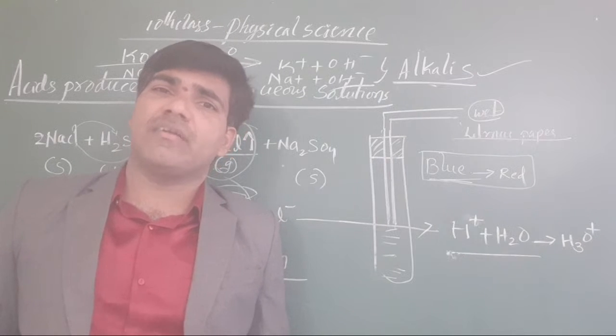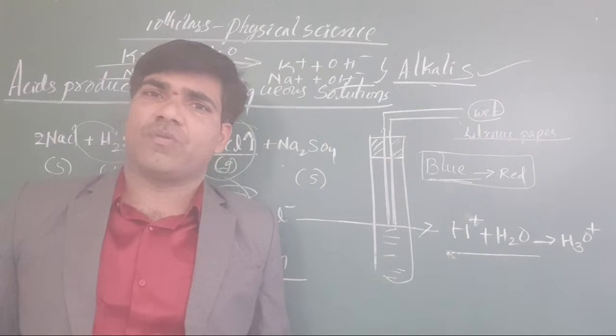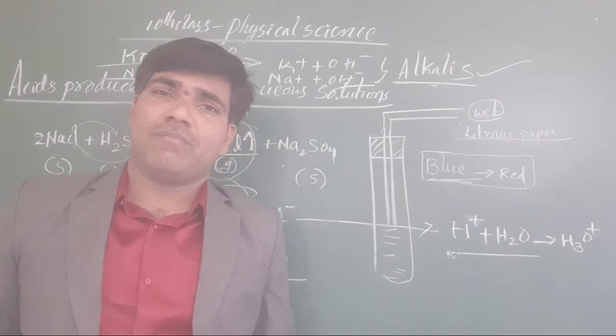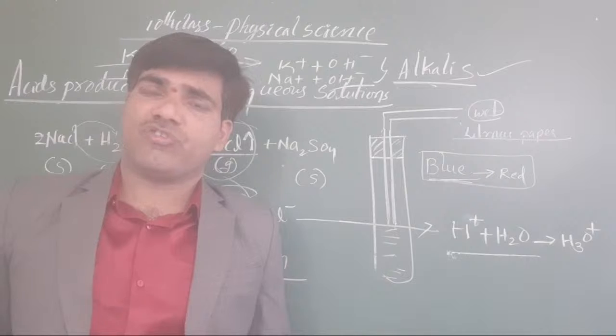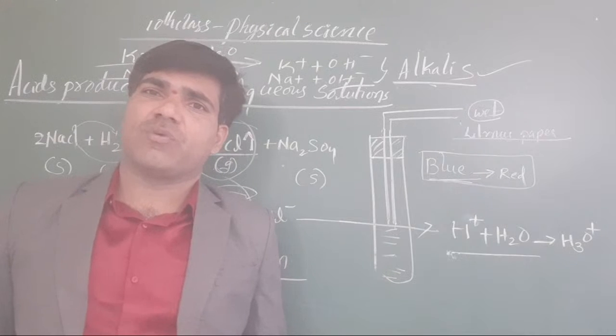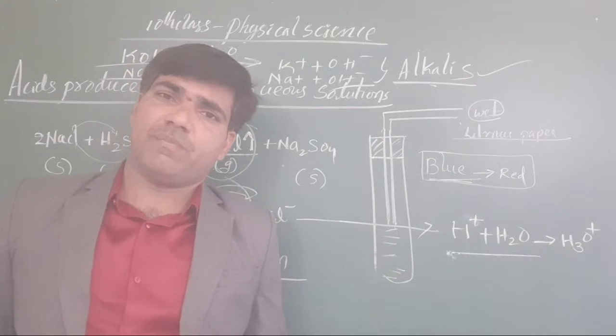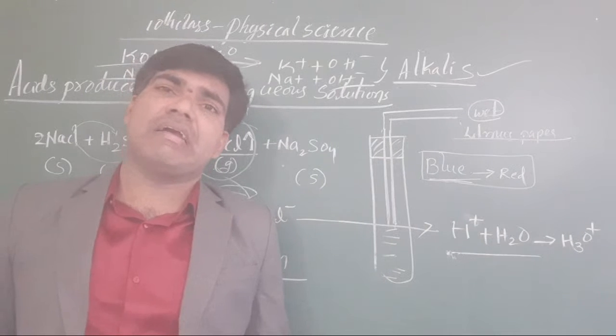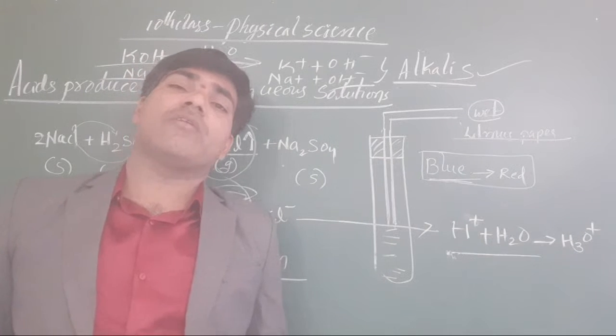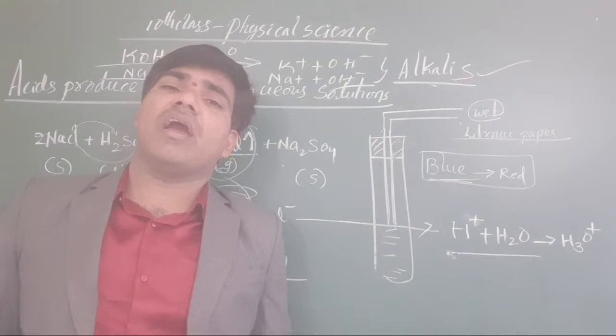That's why you should concentrate on this concept also. What is an alkali? They may ask a question like that based on our textbook. KOH is an alkali. Otherwise, the following thing is not called an alkali.